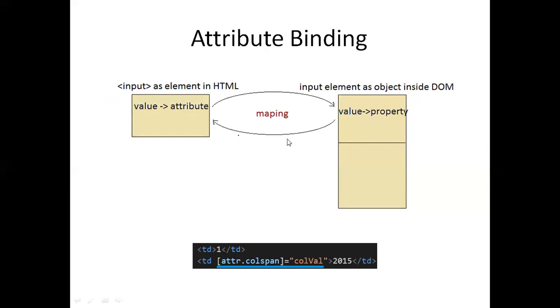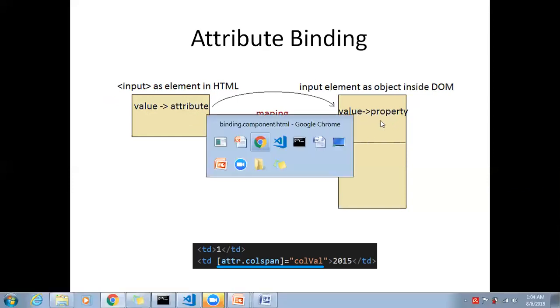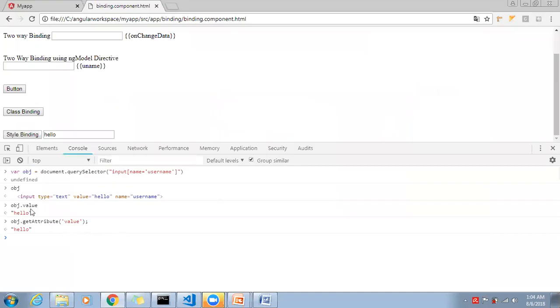So there will be a one-to-one mapping between attribute and property. But there are some situations where we don't have any one-to-one mapping for attributes and properties.